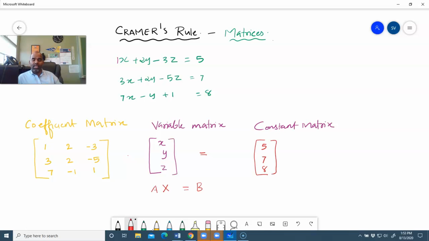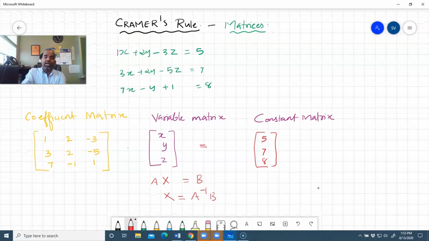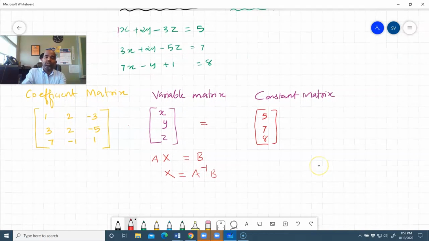We know what A is, and we need to figure out the values or entries of x. So we can use the concept of inverse. X is equal to A inverse B. This is the first concept we can use to solve a system of equations.